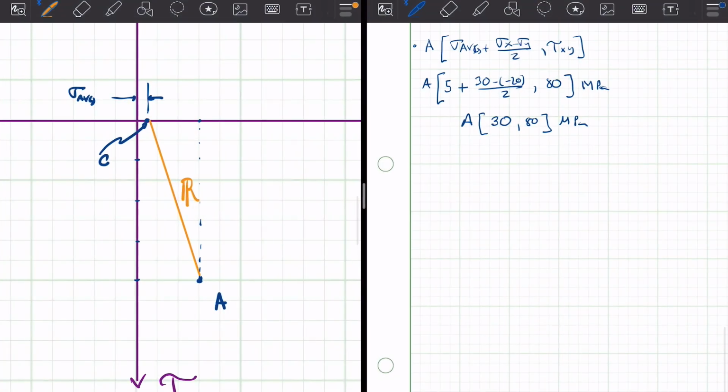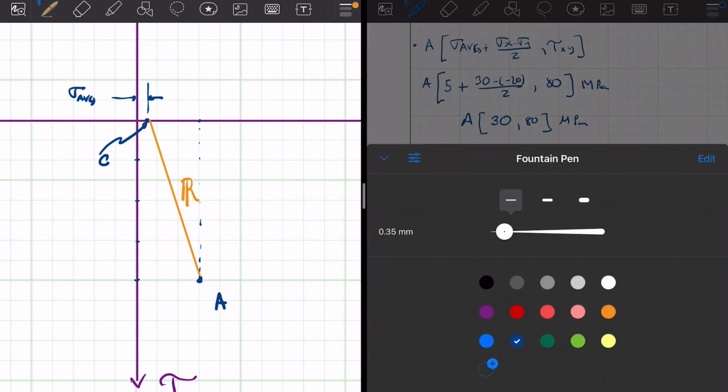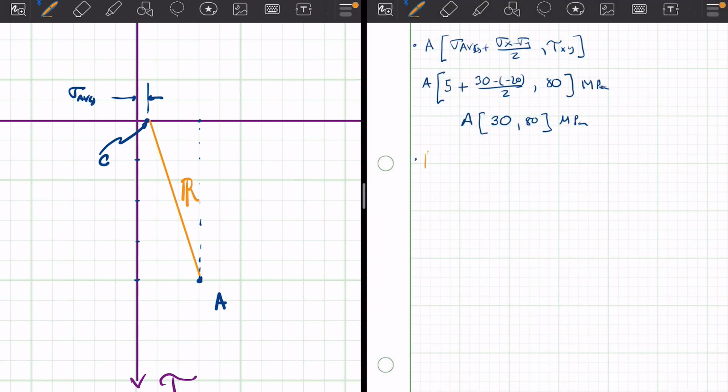I'm going to slide this over, and we're going to say that the radius is equal to, just like any radius in any circle, the square root of the x component squared and the y component squared. The x component being sigma x minus sigma y divided by 2, squared, plus tau xy squared.